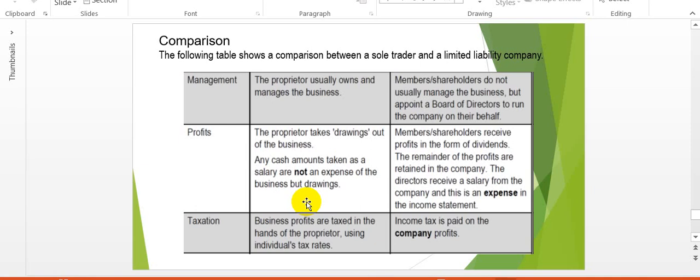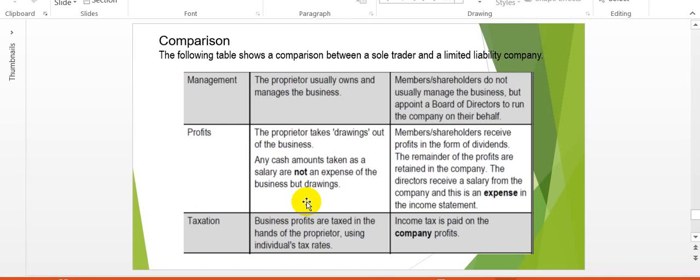For a limited company, the shareholders receive profits in the form of dividends, which are paid out after all expenses in the business have been settled.